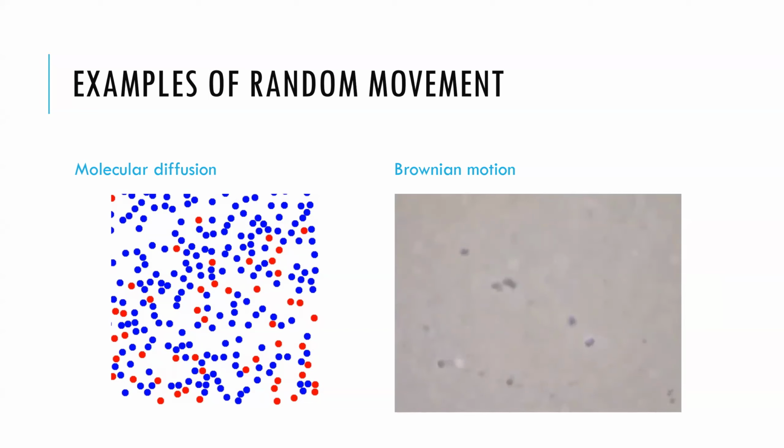That's all. They are not moving towards food; they're moving pretty randomly. This kind of motion, Brownian motion, is also random movement.